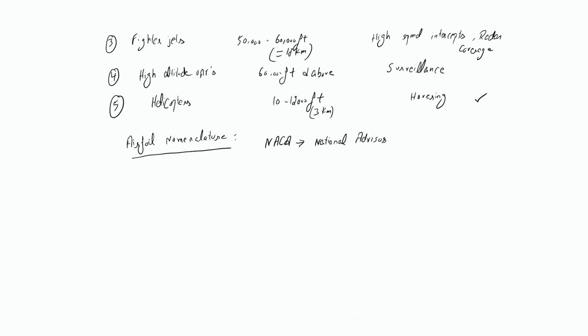National Advisory Committee for Aeronautics. So they simply define certain rules if you are designing any type of airfoils. So they adopted a rational approach, and then let me just draw the airfoil figure over here.